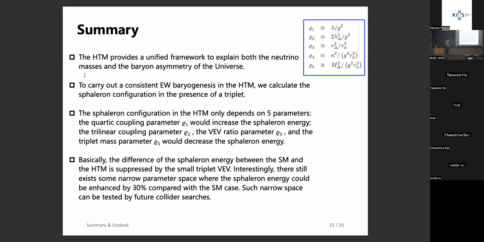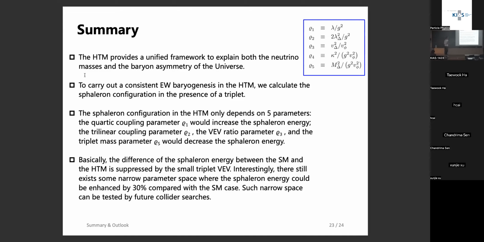Okay, then let me make a summary. So the Higgs triplet model is hopefully a unified framework to explain both the neutrino masses and the baryon symmetry. And in order to do a complete electroweak baryogenesis in this framework, we calculate the Sphaleron configuration in this model as a necessary step. And we find that the Sphaleron configuration in the Higgs triplet model in general depends only on 5 parameters, from rho 1 to rho 5.